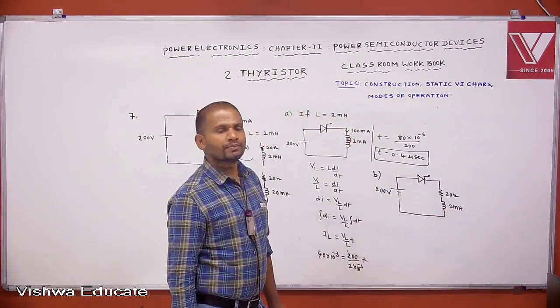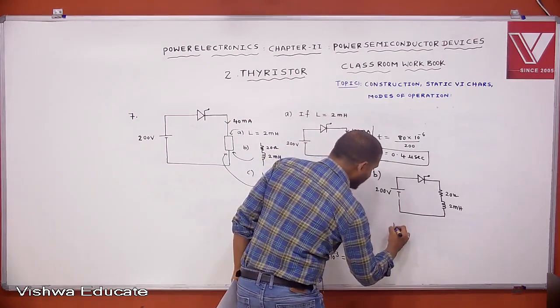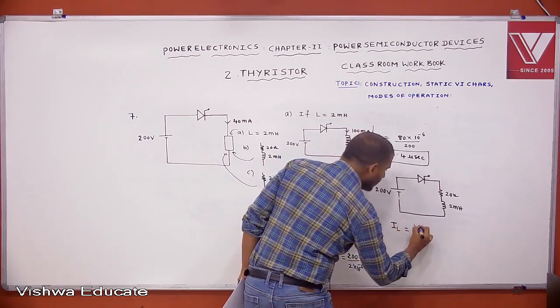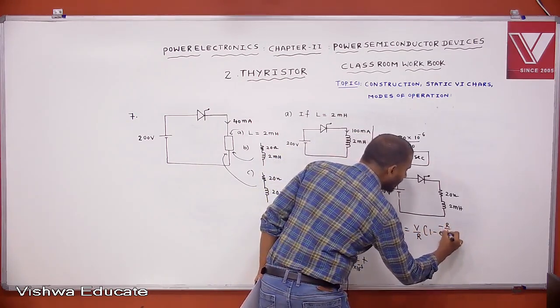Tell me. Same as given. Then IL equal to V by R into 1 minus e to the power minus R by L into T.